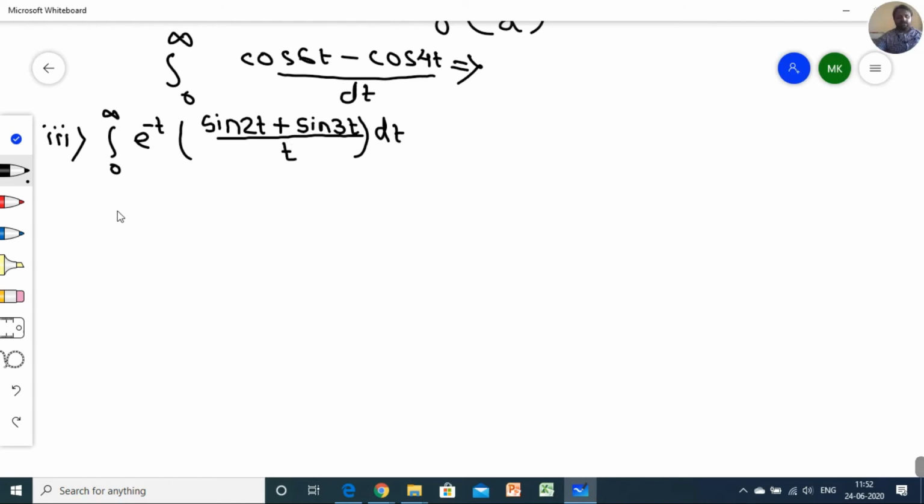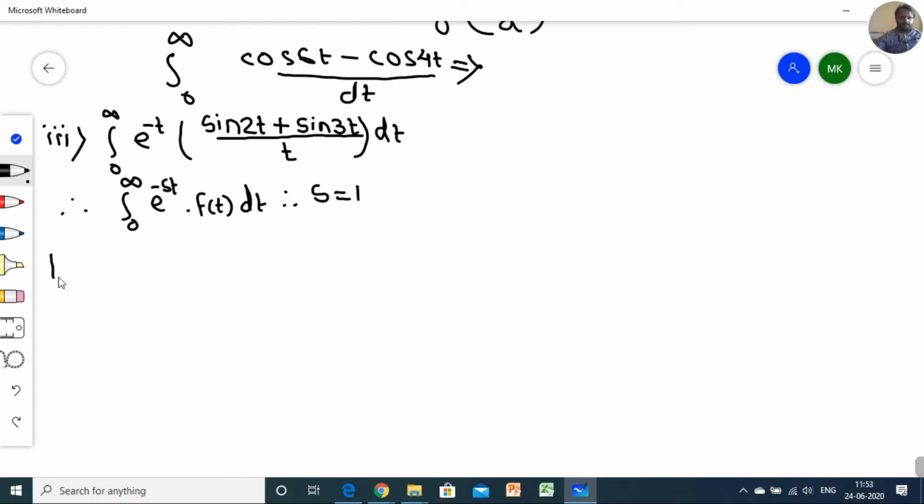Now I'm not going to ask a question this time. 0 to infinity is given, so I have to compare with the definition. So by comparison with the definition, 0 to infinity e raised to minus st into f of t into dt, therefore this part you will get, that is s equal to 1.